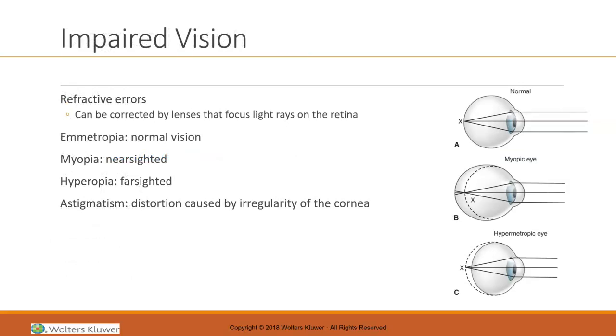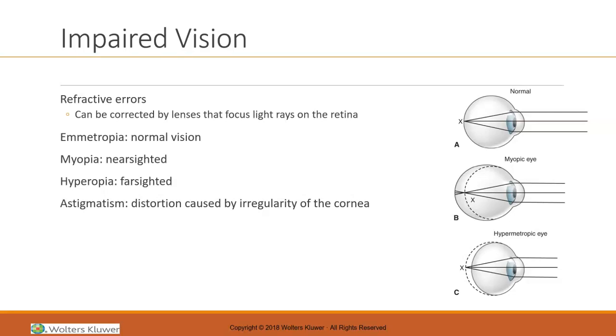For impaired vision, there are lots and lots of errors that can happen, and some of them are just based on the shape of the eyeball. With these eyeball changes, you can have normal, which is great. That's emmetropia. Myopia, those clients tend to be nearsighted, and you can see there's some elongation of the eyeball.